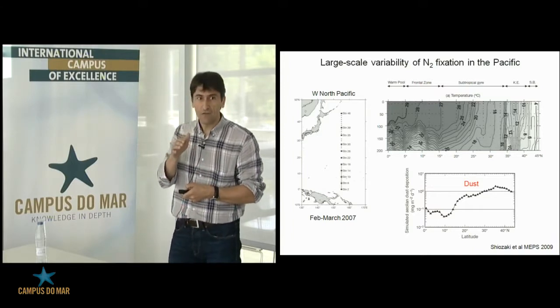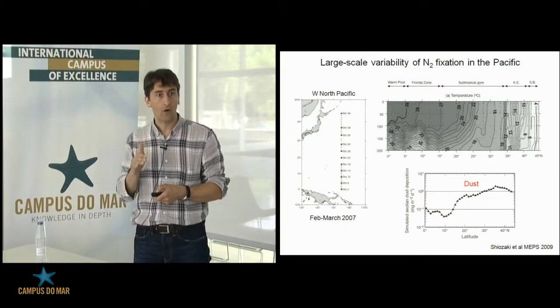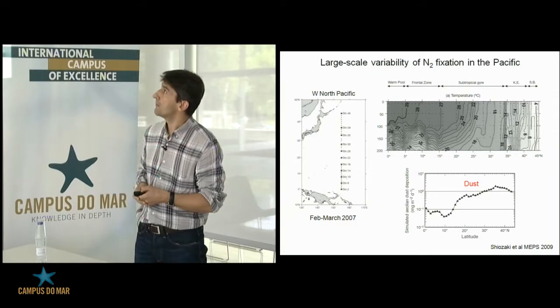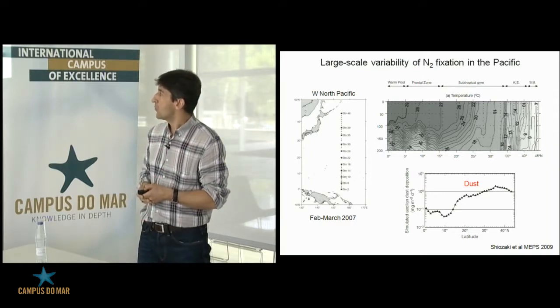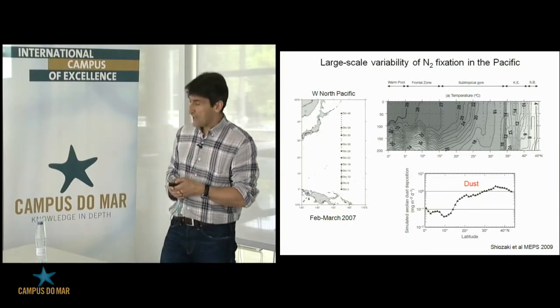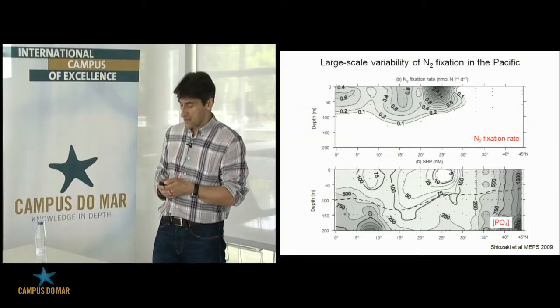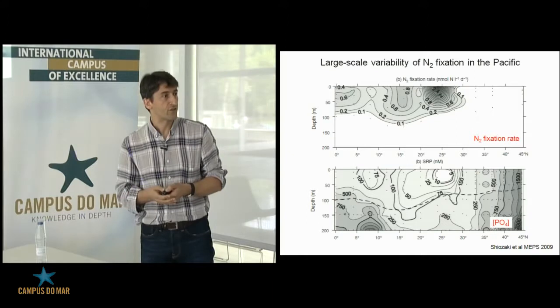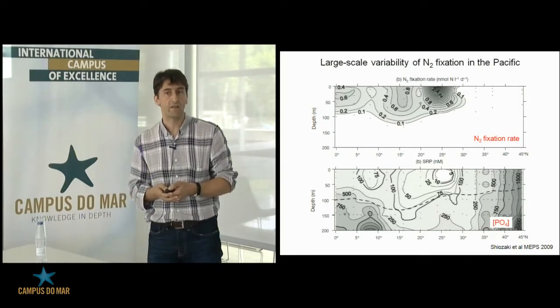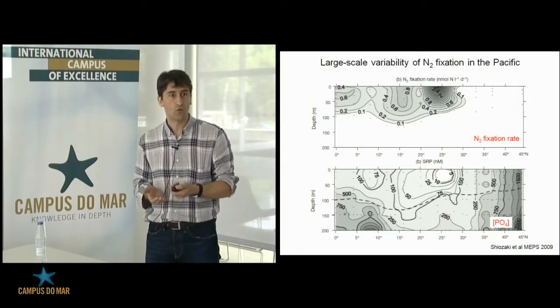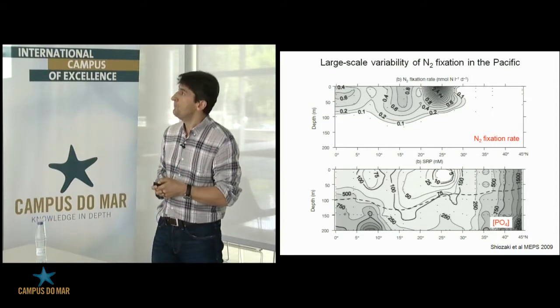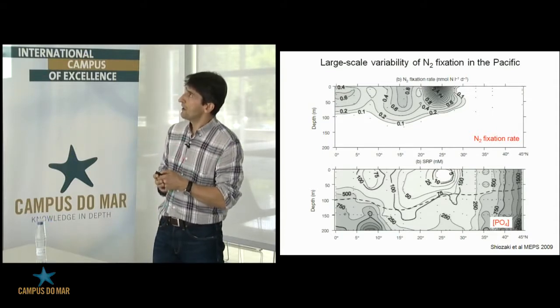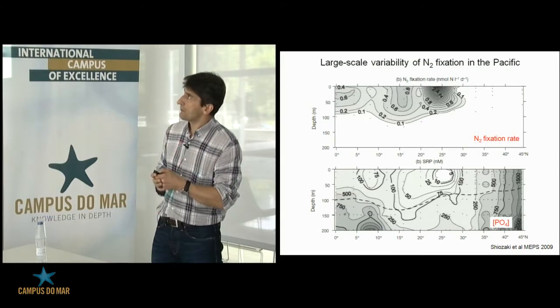A similar kind of pattern can probably occur in the Pacific Ocean, and this is work by Shiozaki and co-workers. What they found again is that the largest flux of nitrogen fixation does not take place in the more stratified waters, which would be in the equatorial region.